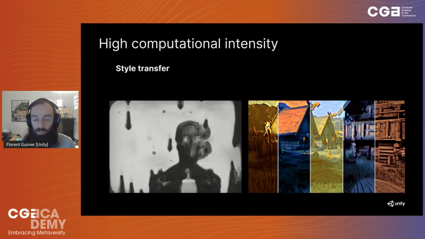On the right, you can see the Viking Village, which is also a scene from Unity, with 5 different styles. Why is it good? It's good because you can have a different art direction at a fraction of the cost that it would have cost the production to reach that point if you had to regenerate all of the assets.